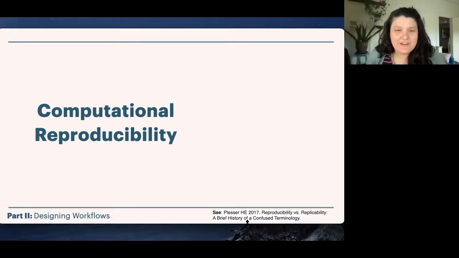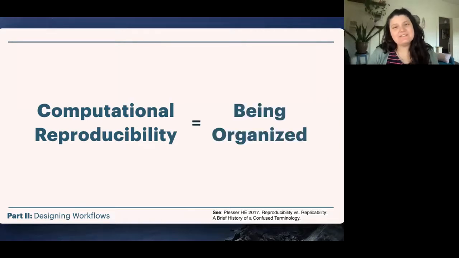I put in this corner here a really cool paper, reproducibility versus replicability, a brief history of confused terminology, which I found really interesting. To me, computational reproducibility is just being really organized in execution, and being organized enough for someone to know exactly what you did when performing your work. So, very fancy term with a very confusing history. I've just simplified it to you're just being really organized.